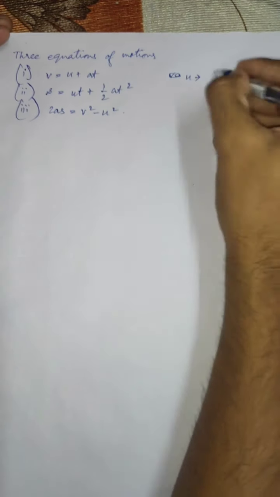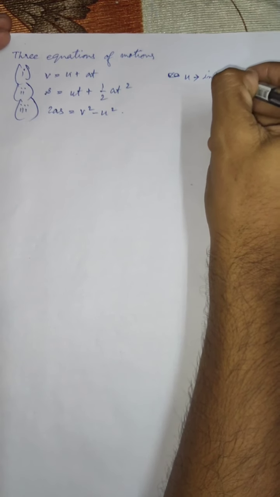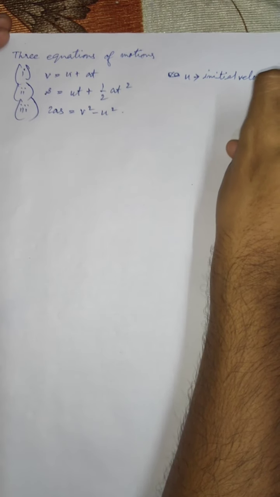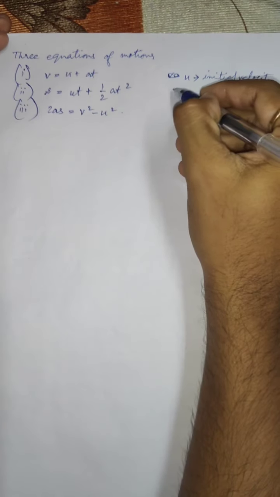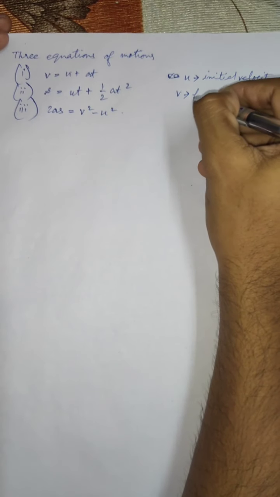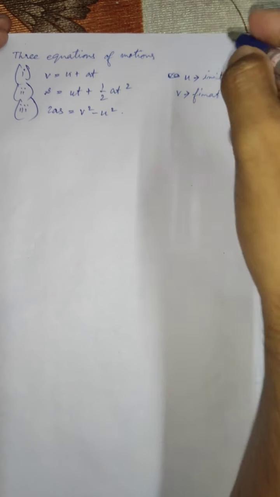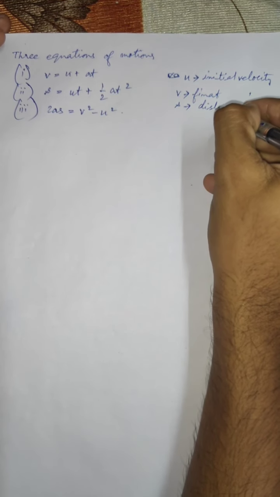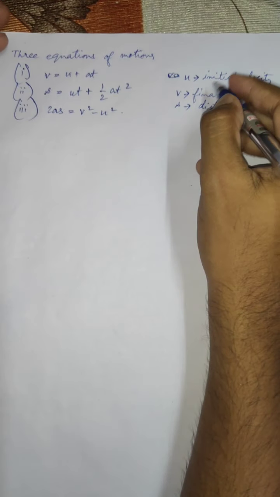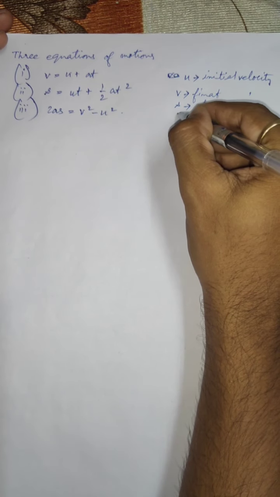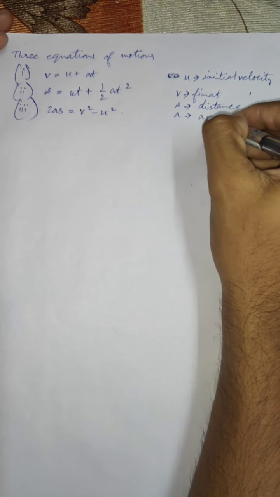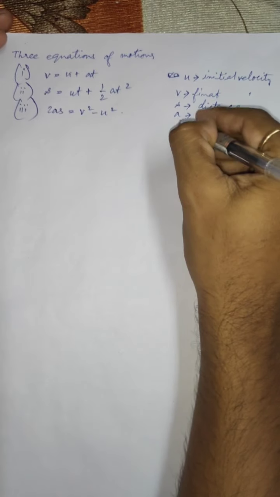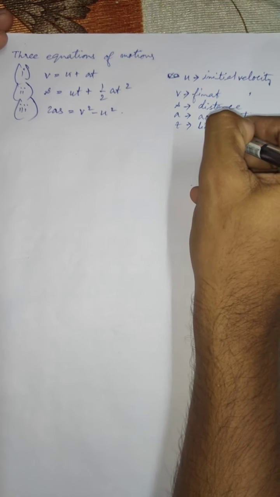U stands for initial velocity, V stands for final velocity, S is distance, A is acceleration, and T is time.